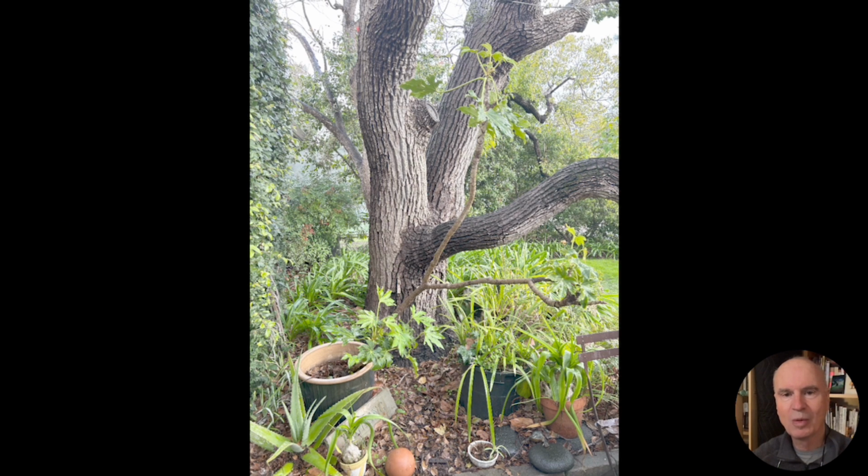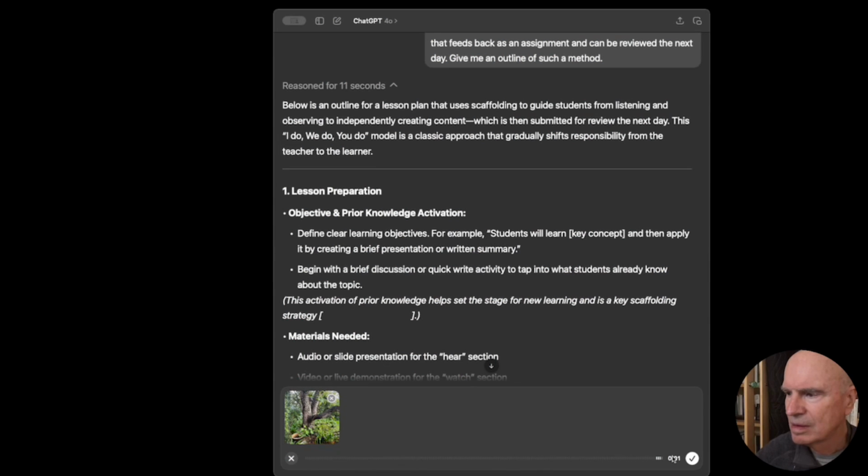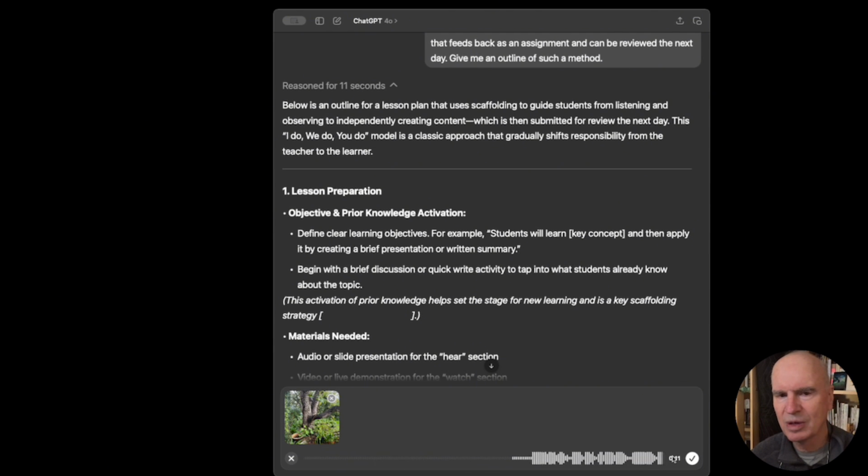But I'm wondering, what is it doing with the tree next to it and the foliage on the side of the wall next to it? Help me understand how the plant in the planter in the foreground might communicate with a tree or with the foliage on the wall next to it.